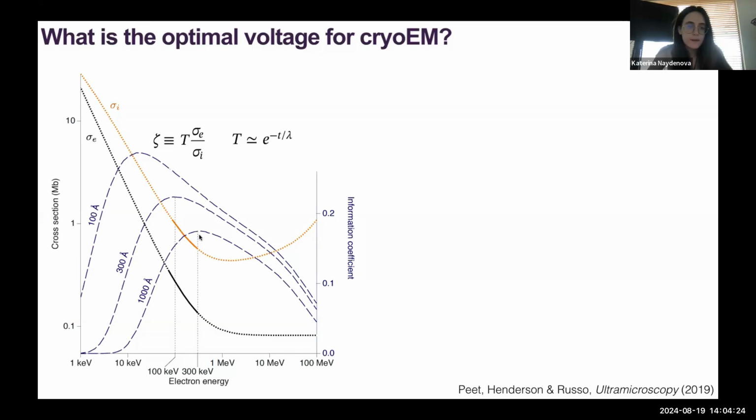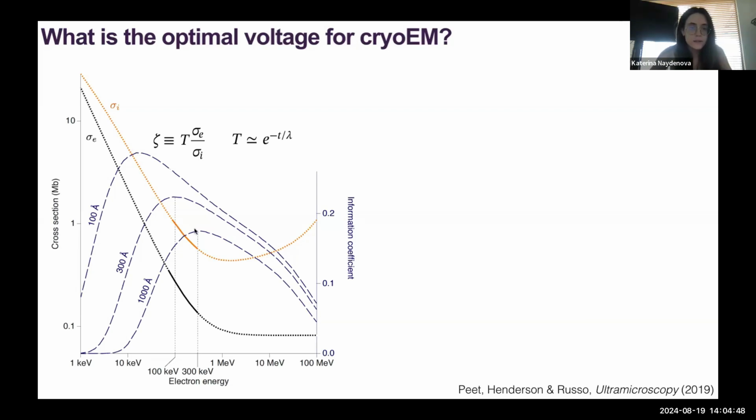So, for example, if we consider a very thin specimen of only 100 angstroms or 10 nanometers thickness, the information transmission, so the unit of useful information you get out per unit radiation damage, is going to peak at some rather low voltage around here at around 20 keV, 20,000 electron volts.